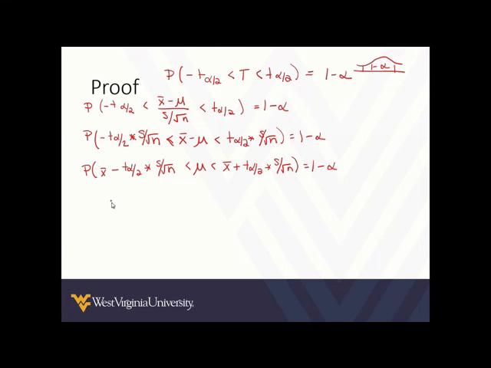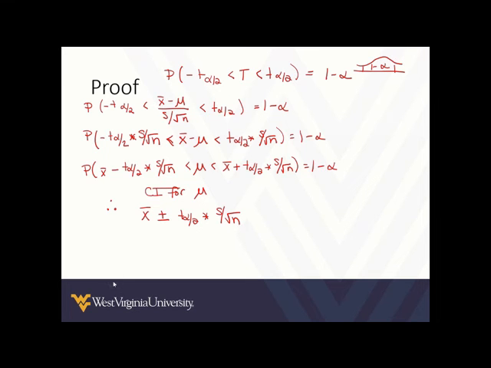And so therefore, we can see that our confidence interval for mu would be our sample mean plus or minus t alpha over 2 multiplied by our sample standard deviation divided by the square root of n.